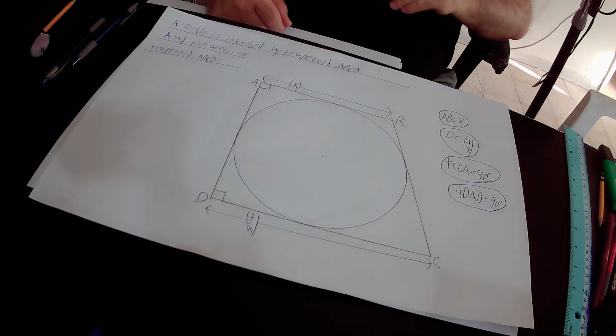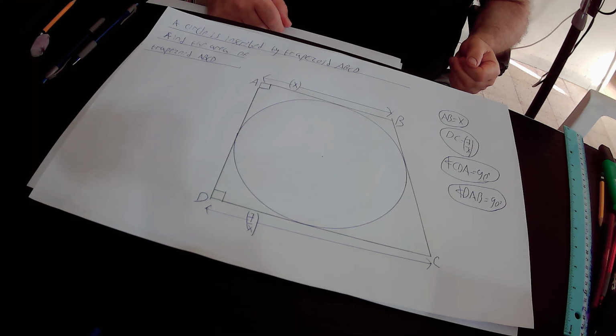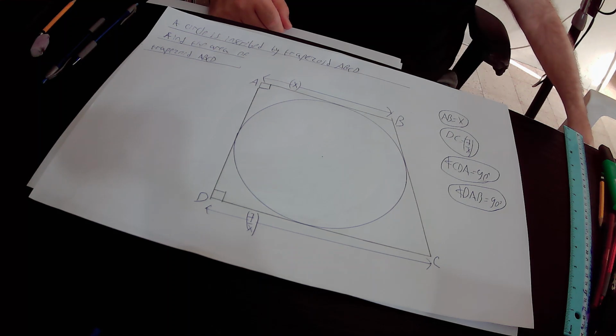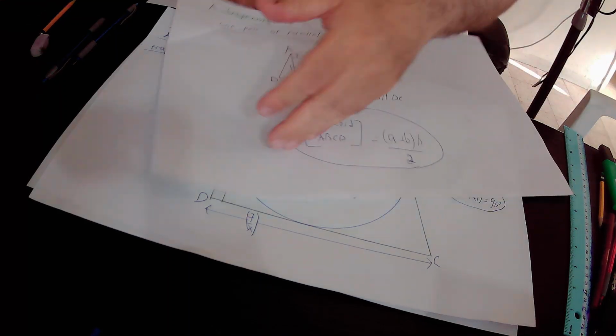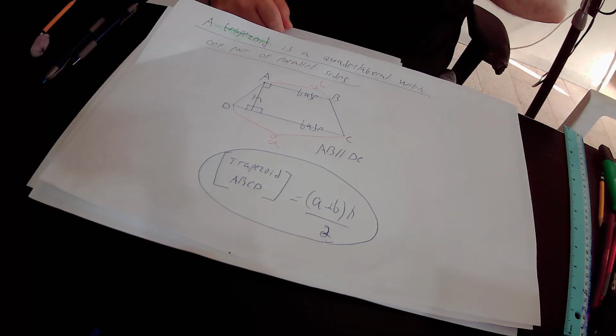So, first of all, what is a trapezoid? A trapezoid is a quadrilateral with one pair of parallel sides. Okay, so here, this is trapezoid ABCD.